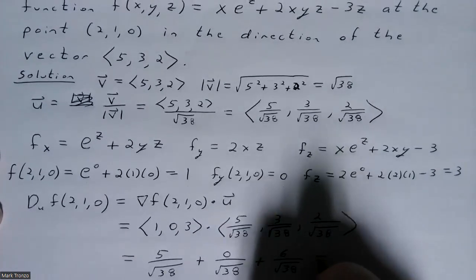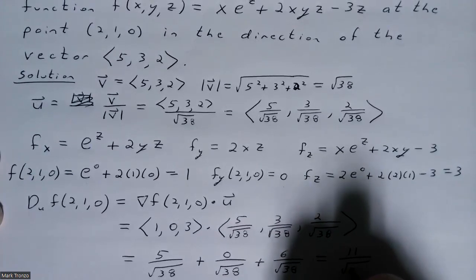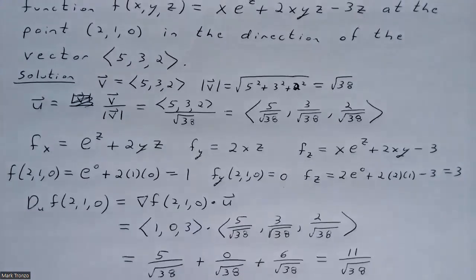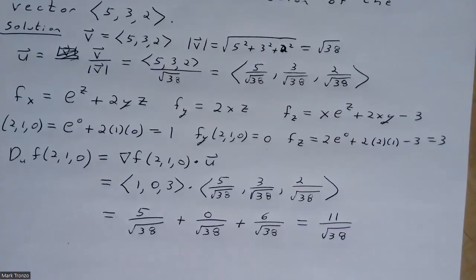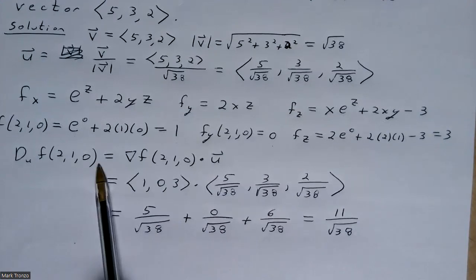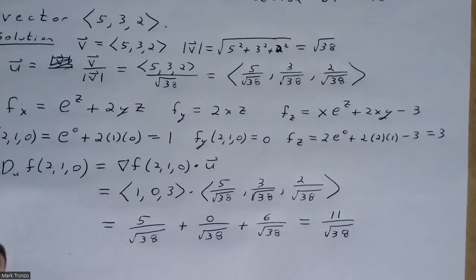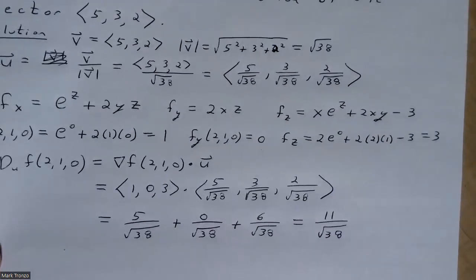And so it looks like it's going to be 11 over the square root of 38. And remember, directional derivative says this is going to be the derivative at the point 2, 1, 0 in the direction of this vector 5, 3, 2.